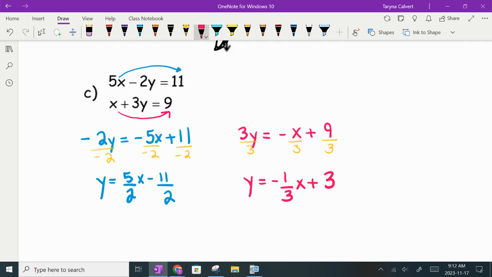So everybody double check that they rearranged their equations right before you type them into the calculator.